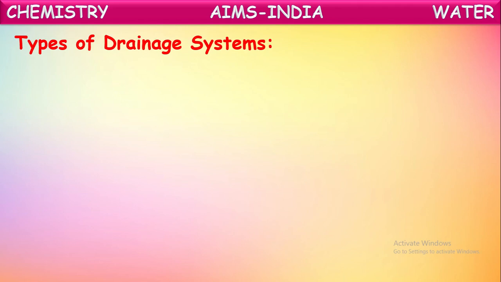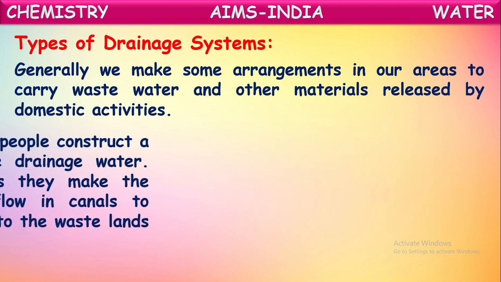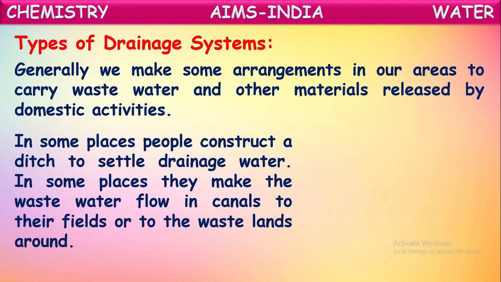Types of drainage systems. In different areas, different kinds of drainage systems will be used. Generally, we make some arrangements in our areas to carry wastewater and other materials released by domestic activities, isn't it? In some places, people construct a ditch to settle drainage water.